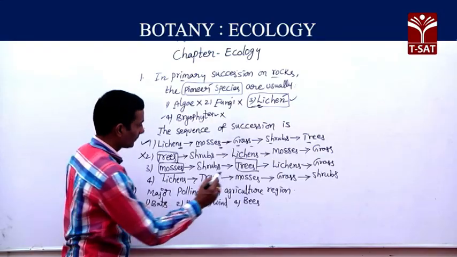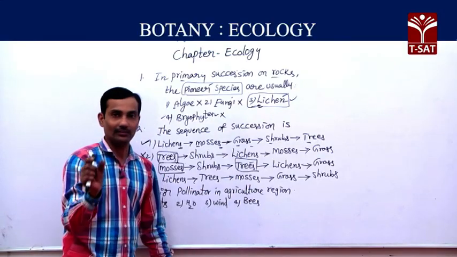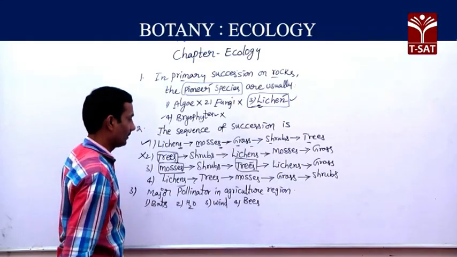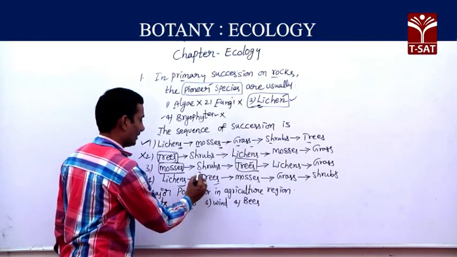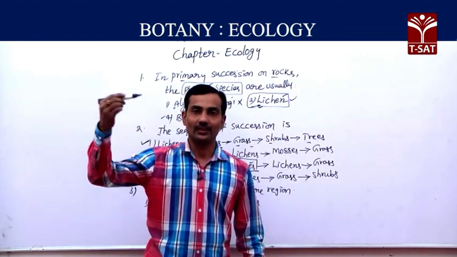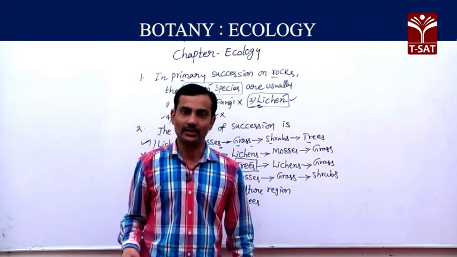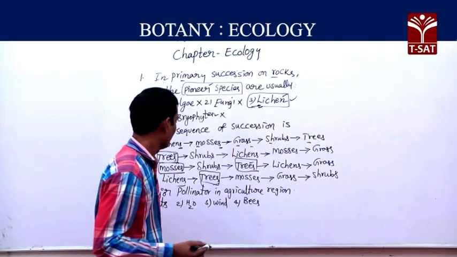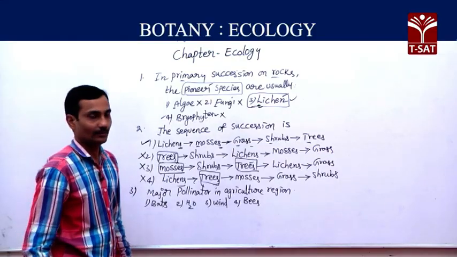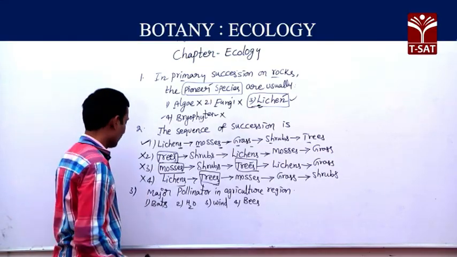But in this option, trees are given at a middle stage. In the fourth option, trees are given at the second community. Trees should always be the final plant community, that is the climax community. So the second to fourth options are all wrong.